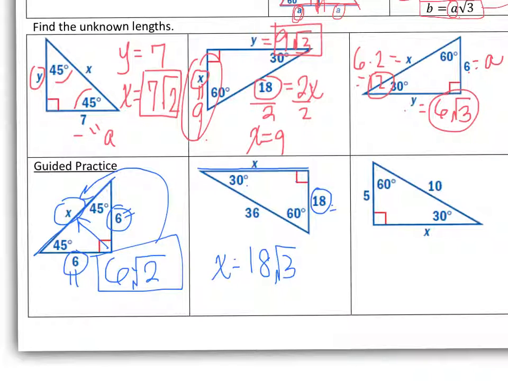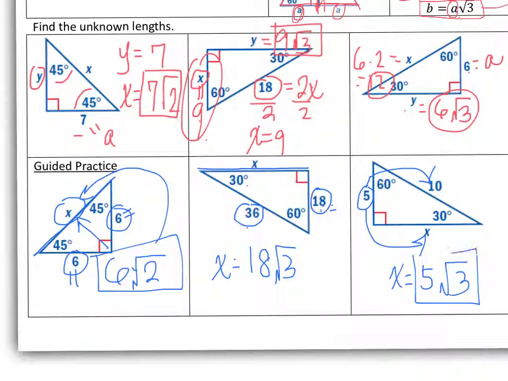And to double check, on 36, 18 times 2 is 36, so that's right. Let's do another practice problem. 5 times 2 is 10, yes. So here, to find x would just be equal to 5 times square root of 3. And that ends our lesson.